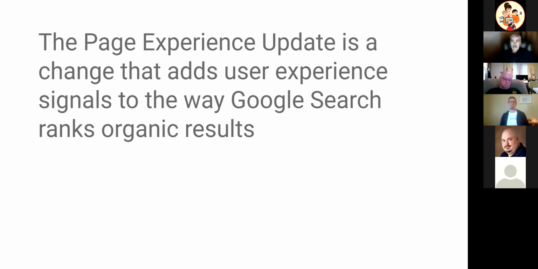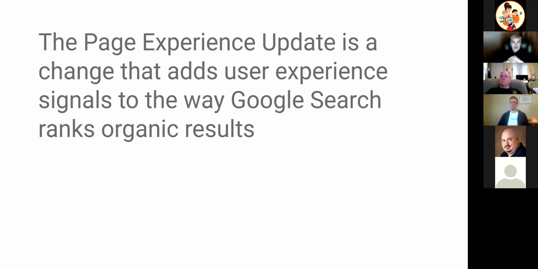Really, it's the change that Google's making to add user experience signals to the way that Google search ranks organic results. So it's an algorithm change that is going to look at specific signals on sites that relate to the user experience. And then Google's going to take those signals and adjust the search results based on what they're seeing.